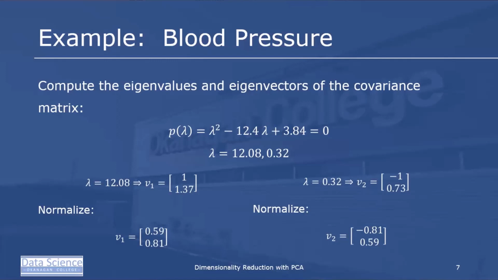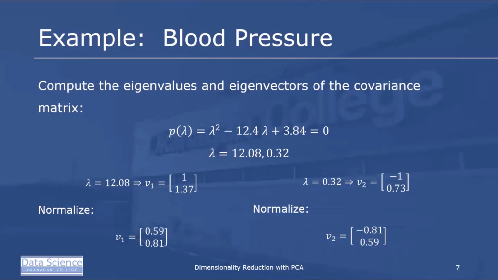The eigenvector associated with 12.08 is V1, which is equal to (1, 1.37). And the eigenvector associated with 0.32 is V2, (-1, 0.73). We normalize these vectors, and we get V1 equals (0.59, 0.81).